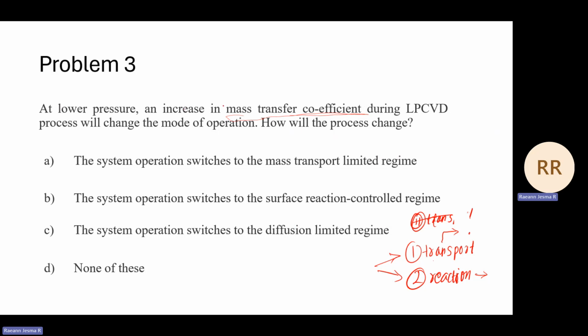So here, what is asked is you are increasing the mass transfer coefficient. Then what will be the limiting factor in this case? If I'm increasing the mass transport, what will limit how much film is grown? What do you think will limit it?